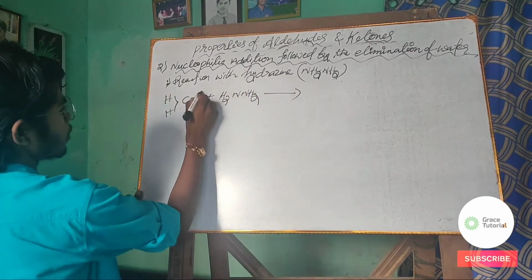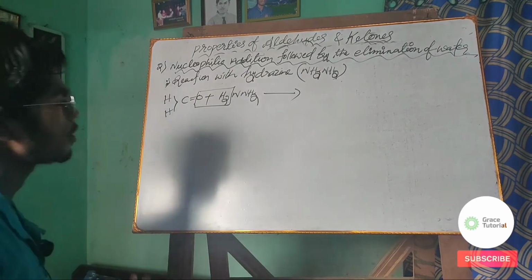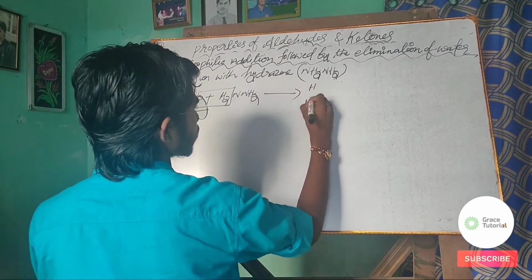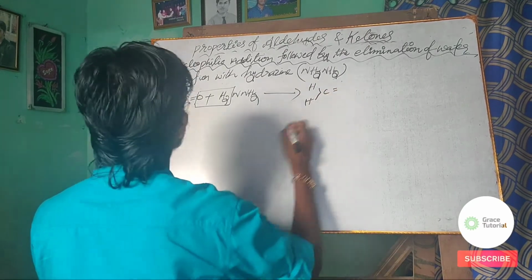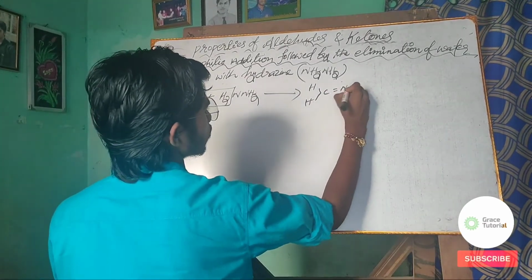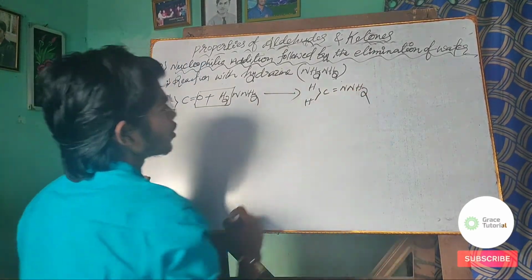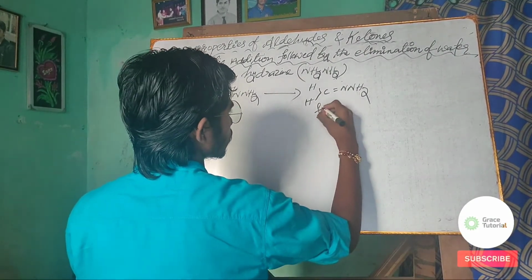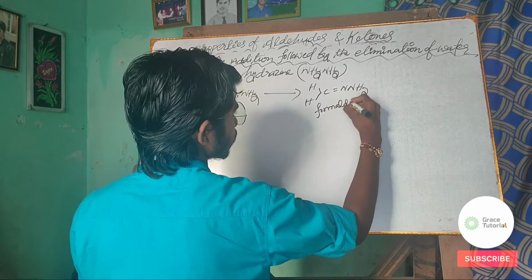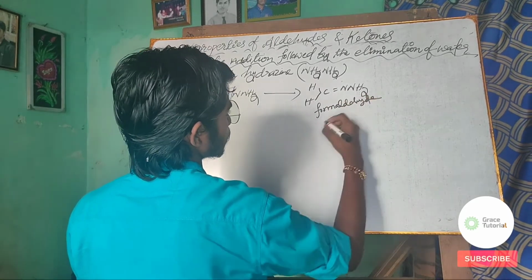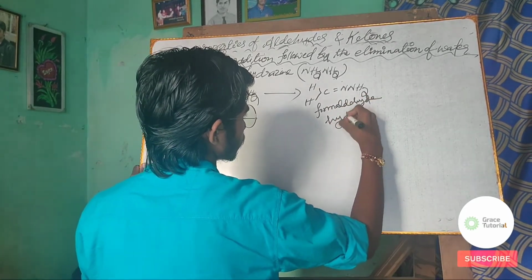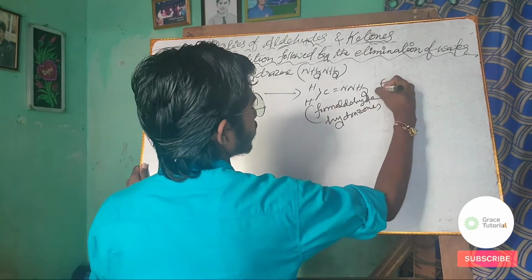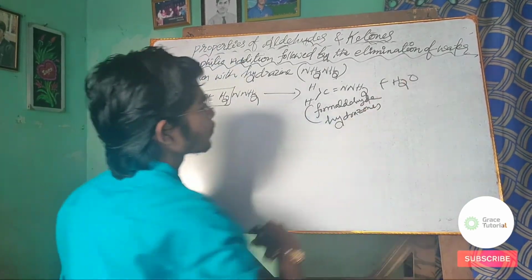then the water is eliminated. The water is removed from here, and you get what is called formaldehyde hydrazone, with the elimination of a water molecule.